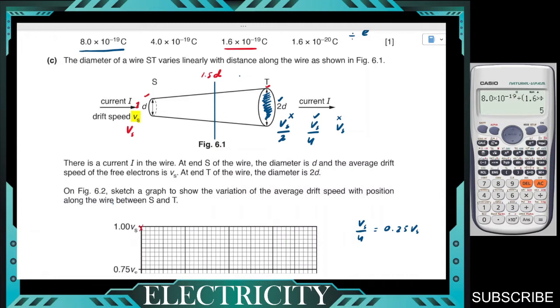Now what happens to the drift speed? Well, the easiest way you can calculate is once again that the drift speed would decrease by the square of this factor. So whatever the drift speed was, it was initially Vs, it would now be reduced by 1.5 squared. Just like it happened over here, the diameter was 2d and the drift speed decreased by a factor of the square of this number.